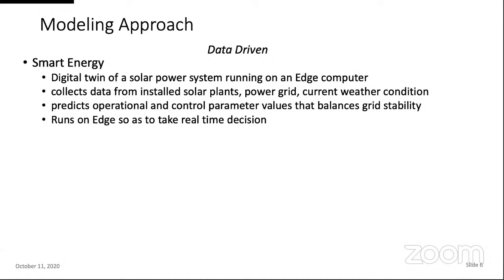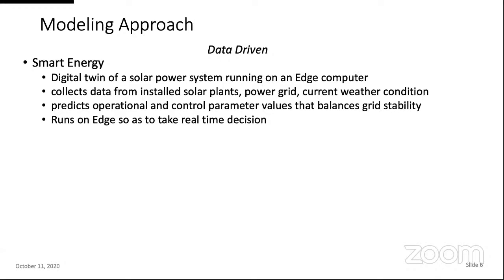The data-driven model, as I said, uses AI and ML that can run on cloud or on edge devices. One example could be smart energy, where you build a digital twin of a solar power system which is running on an edge computer.